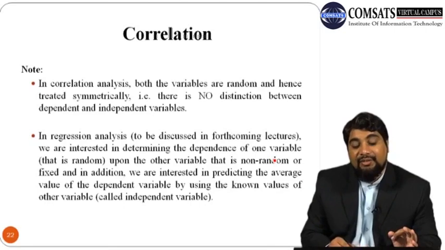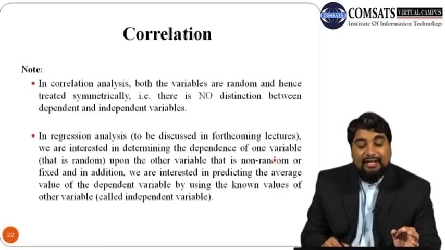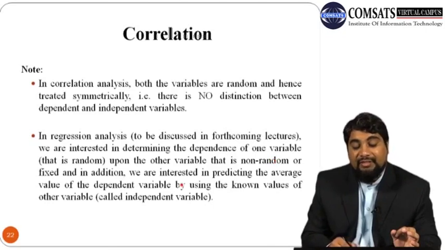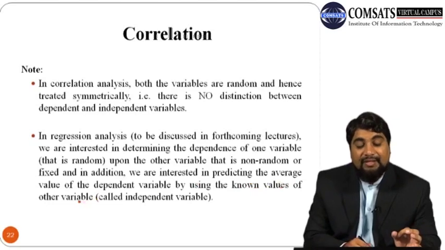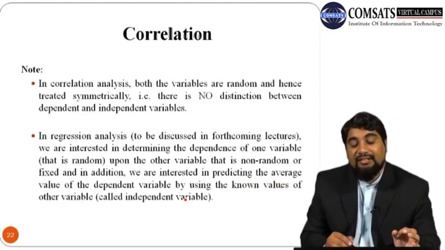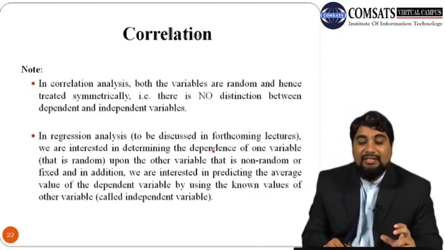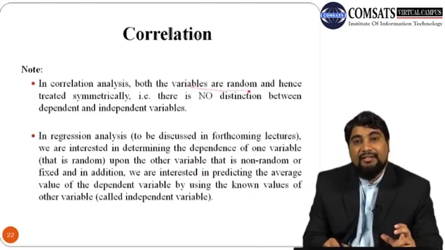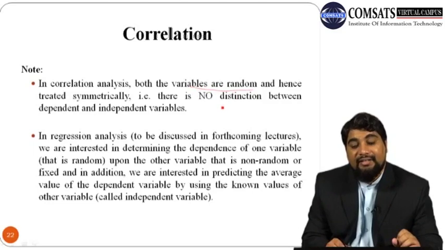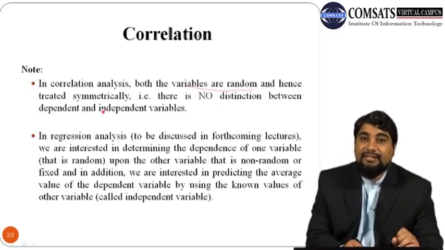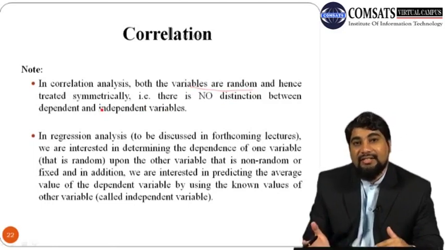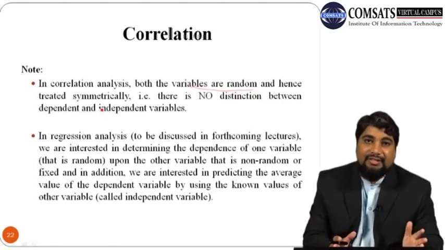And in addition, in regression analysis, we are interested in predicting the average value of the dependent variable by using the known or fixed value of the other variable, which is called the independent variable. But as far as correlation is concerned, both variables are treated as random, and hence they are treated symmetrically. In regression analysis, one is treated as random and the other one as fixed.